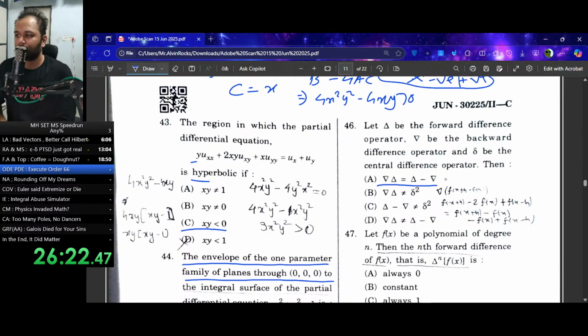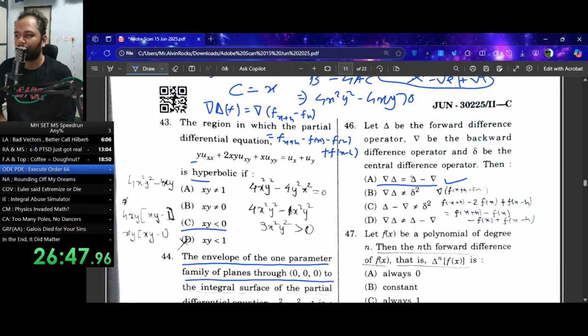Right, the first one is correct because the forward operator of f(x) will mean it is just f(x+h) minus f(x). This is minus f(x) plus f(x-h).